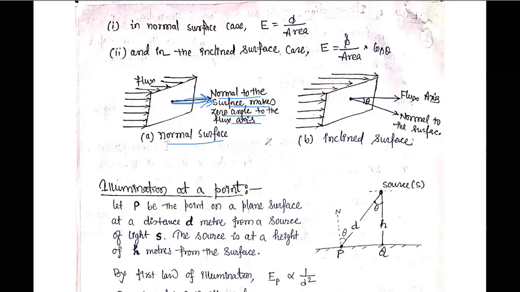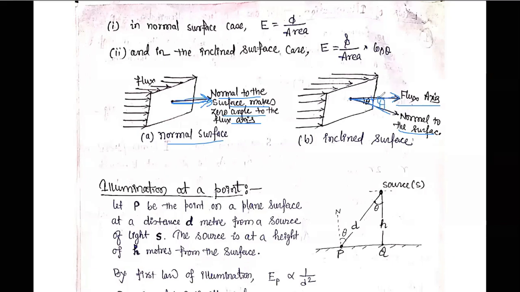In this situation, E is equal to phi divided by area, phi by A, under normal condition. But if there is an angle between the flux axis and the normal to the surface, if the normal to the surface is in this direction and the flux axis is not parallel to the normal of this surface, then there will be an angle.